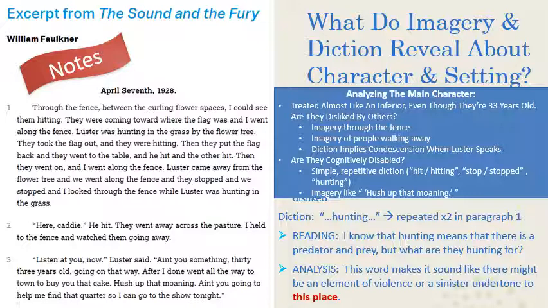There's another image in paragraph 2 of people walking away, right? They went across the pasture, I held to the fence and watched them going away, right? Like he almost, or they, I guess, almost seem powerless and unable to follow along, right?